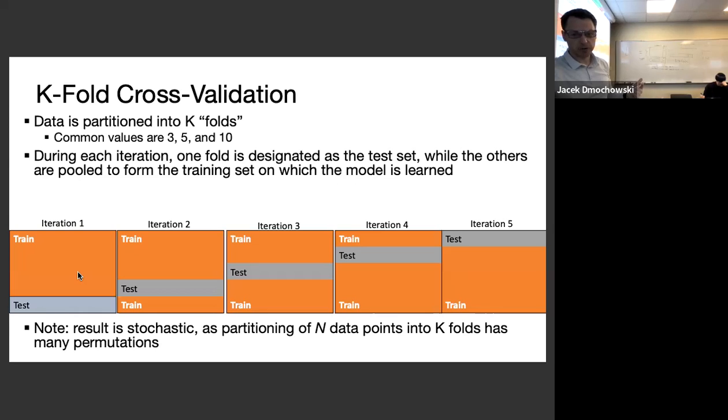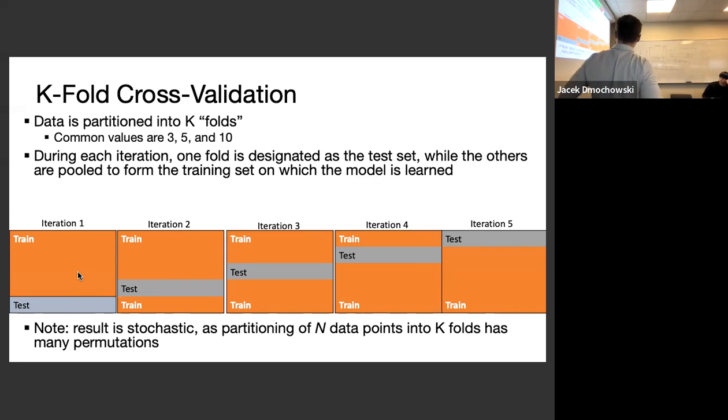One is called K-fold. So here's a picture of what K-fold looks like for 5 folds. When I run this, I always start with a test set at the end, and then I incrementally move it up. So on the first cross-validation iteration, let's say the last 20% will be my test set, and then I just move it up in each iteration.